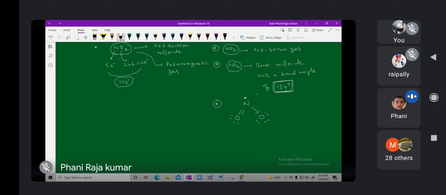In one of the resonating structures, that electron we can write in bonding also, like NO. It is called a 3 electron bond. So NO2 contains a 3 electron bond. And because of the odd electron, like NO, this also dimerizes.